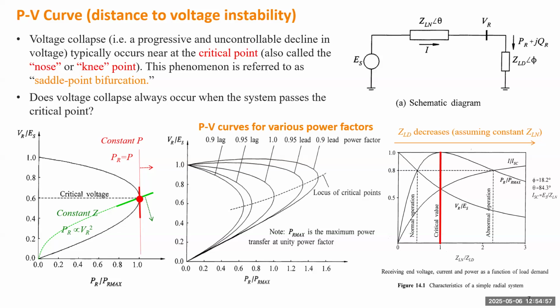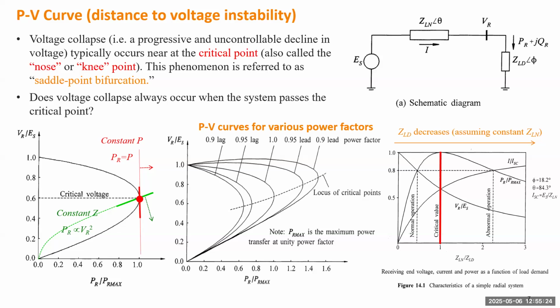So if you missed the first lecture about voltage stability, last Thursday we used this radial system to derive a very useful tool, which is called the PV curve. Basically it describes how the voltage can change with increased load at the end of this radial system. You have a constant voltage source supporting an impedance load.